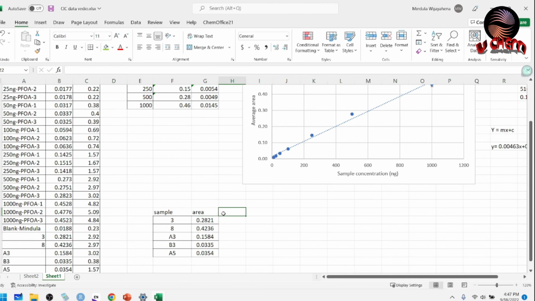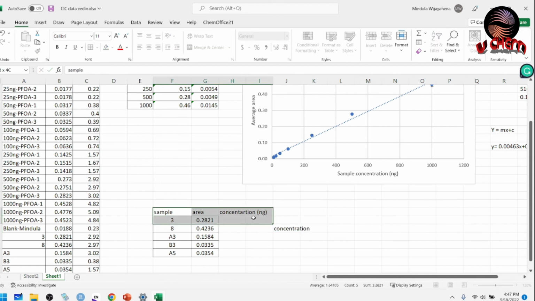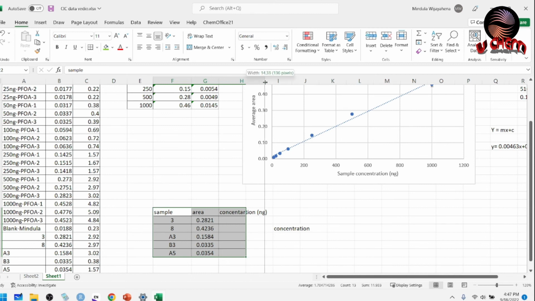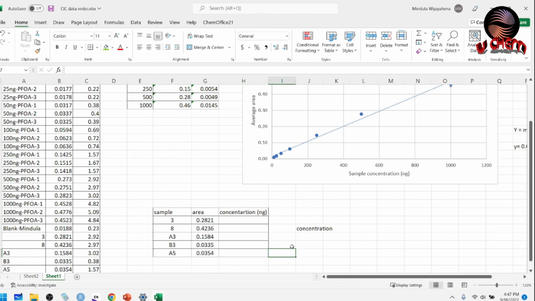So I need to get the concentration. In my scenario, I'm telling it again, it's in nanogram. Okay, I'm going to make a real good table over here.